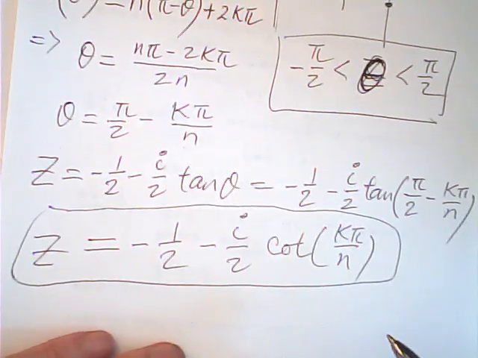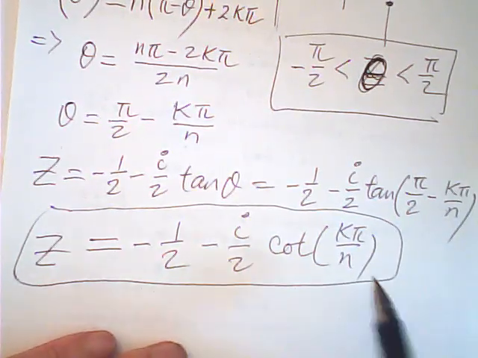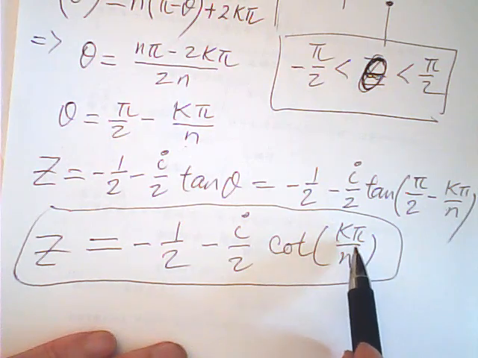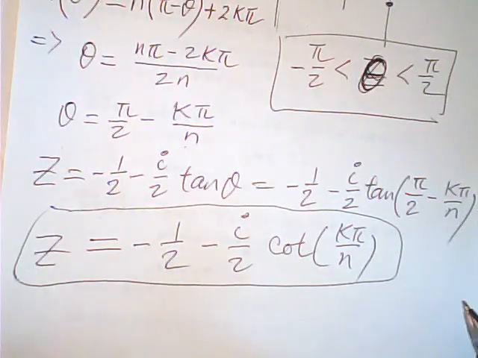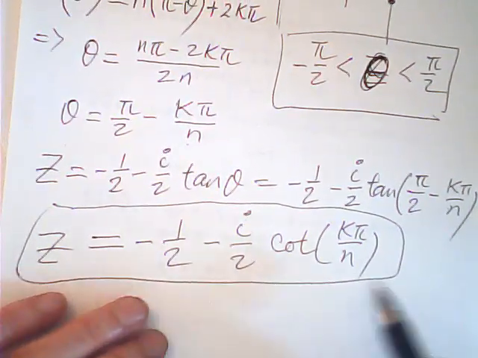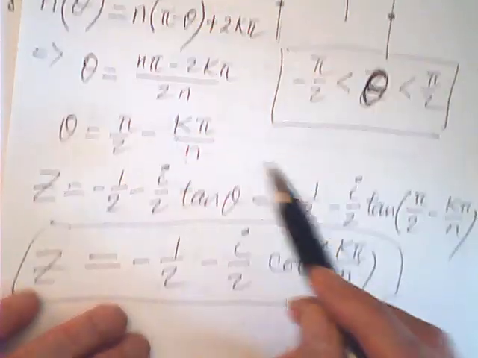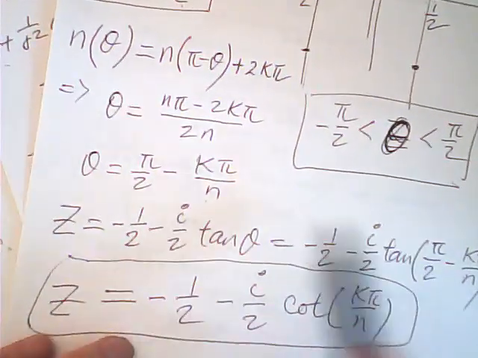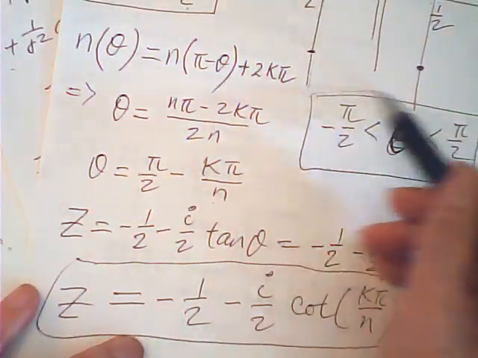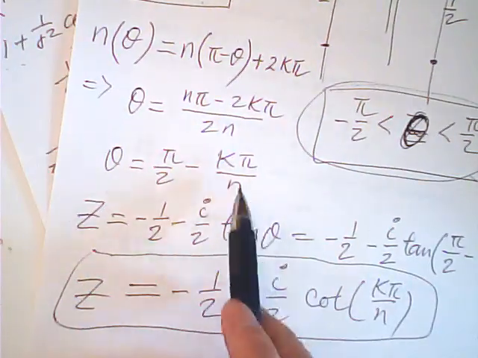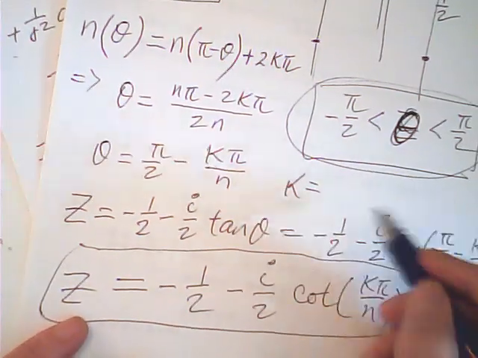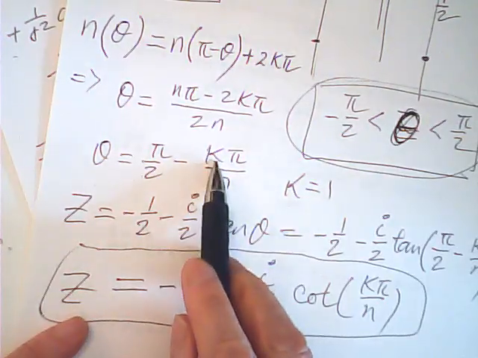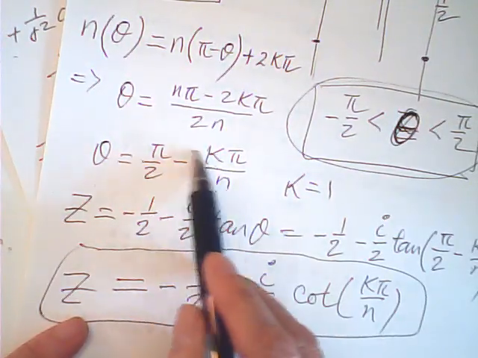Now, k cannot be 0 because cotangent of 0 is not defined. So k could be, look, we use this condition, okay? We can determine that k could be 1. When k equals 1, this angle is less than half pi.